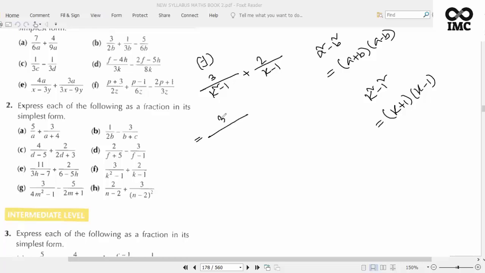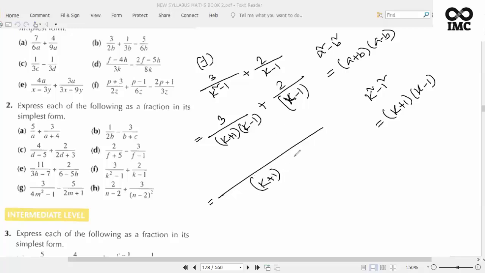So here 3 divided by, instead of k square minus 1, we can write k plus 1 into k minus 1, plus 2 divided by k minus 1. Now what will be the LCM? LCM will be k plus 1 into k minus 1, because k minus 1 is already given here.